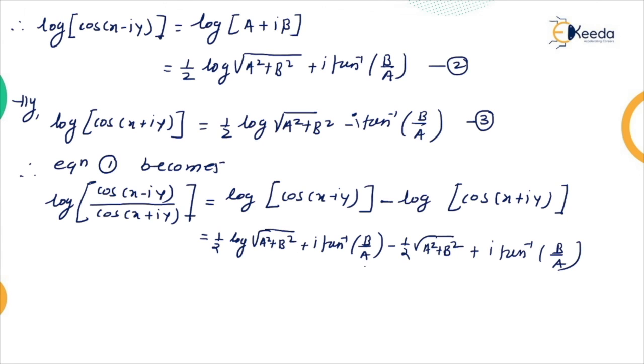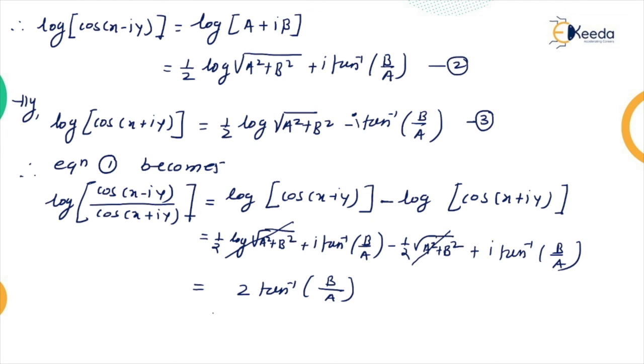What remains: the 1 by 2 log terms, being plus and minus, cancel with each other, and i tan inverse b by a plus i tan inverse b by a becomes 2i times tan inverse b divided by a. So this is log of cos x minus iy upon cos x plus iy.